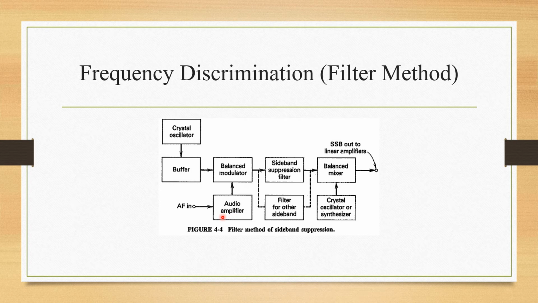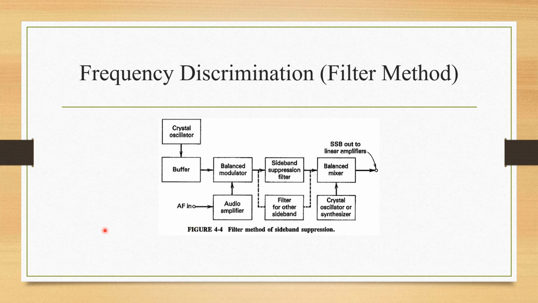When we look at the frequency discrimination method, the quality factor of single sideband depends on the carrier frequency and the frequency separation between the sidebands. So we need to find out the quality factor.